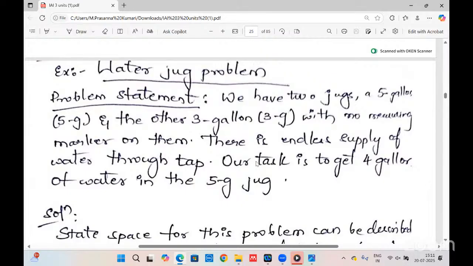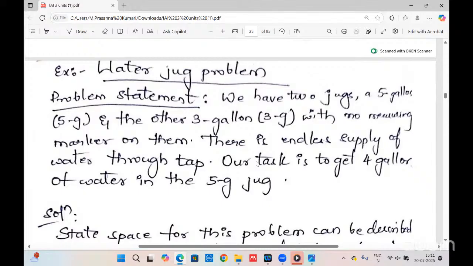Is it right? Here he is telling that we have two jugs: one is of 5 gallons, meaning 5 liters, another one is of 3 liters. He just knows that he has two jugs, one 5 liter jug and one 3 liter jug.